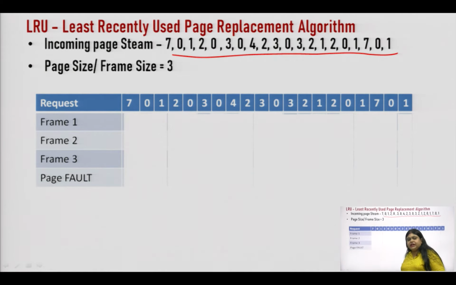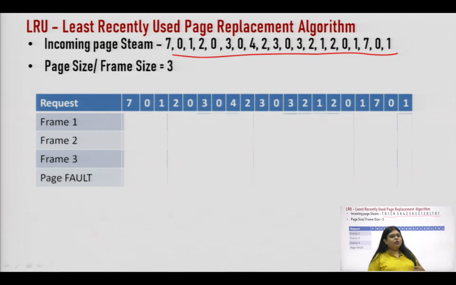The reason behind taking the same incoming stream is to make a comparison in terms of the number of page faults. So, we are going to compare the number of page faults and see which algorithm is best suited in this given scenario. Again we have 3 frames available. Now, what do we do in least recently used?